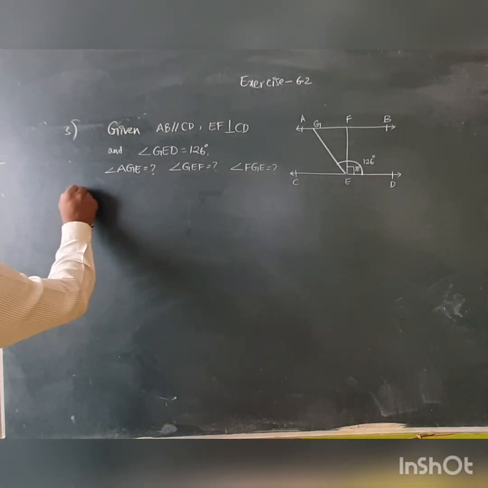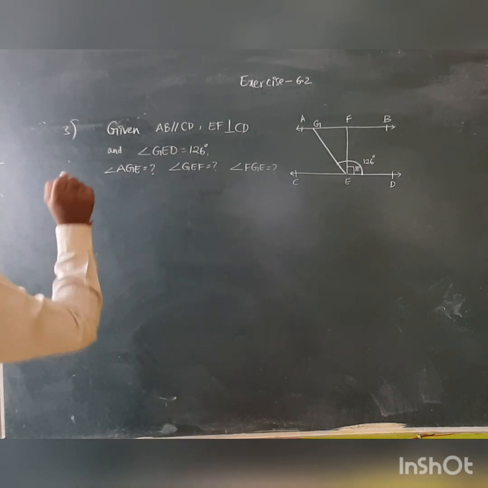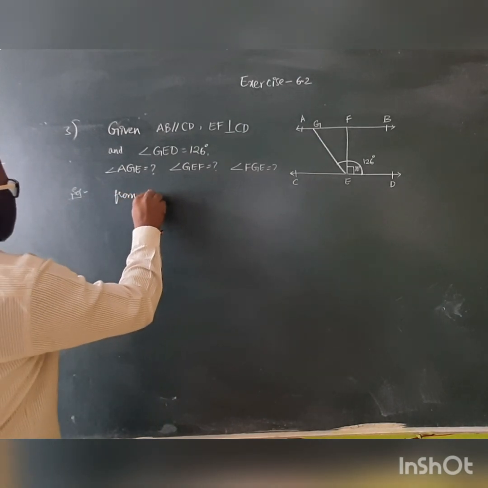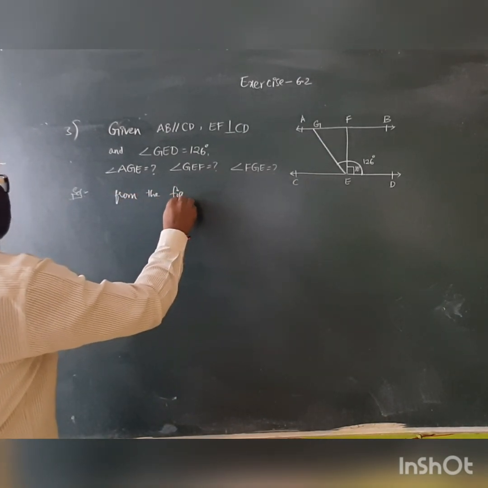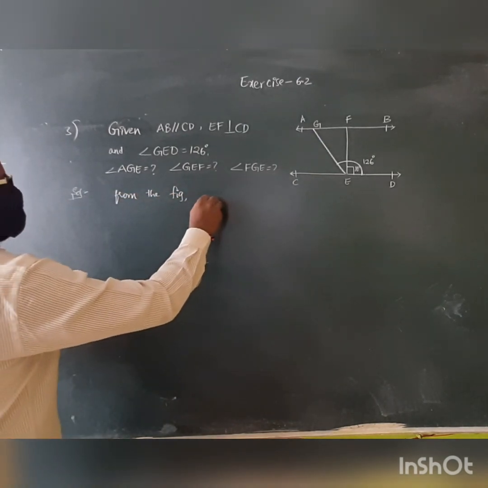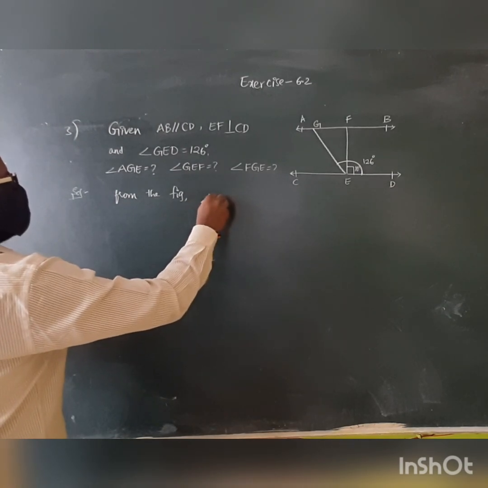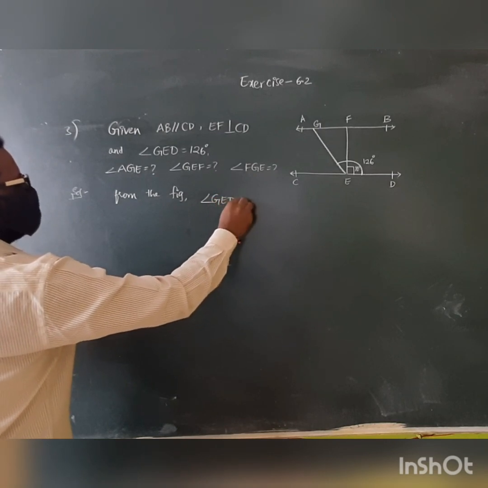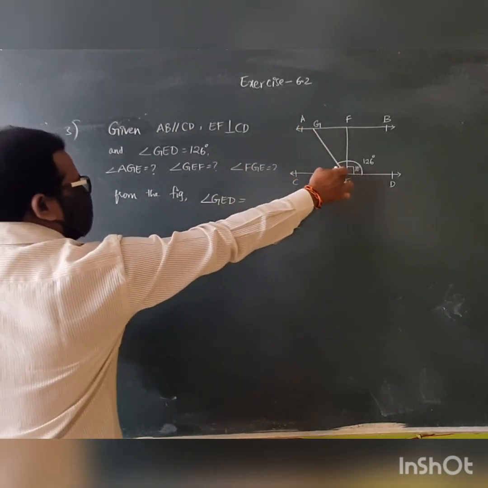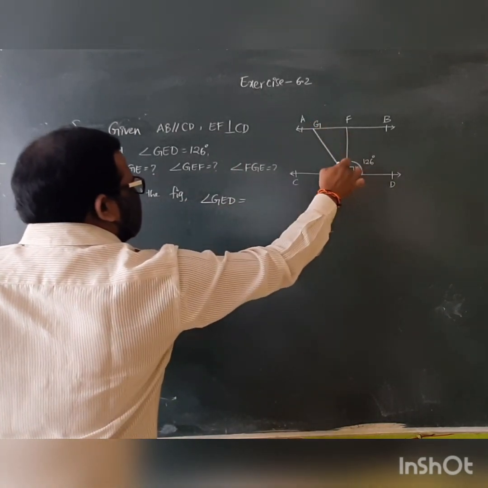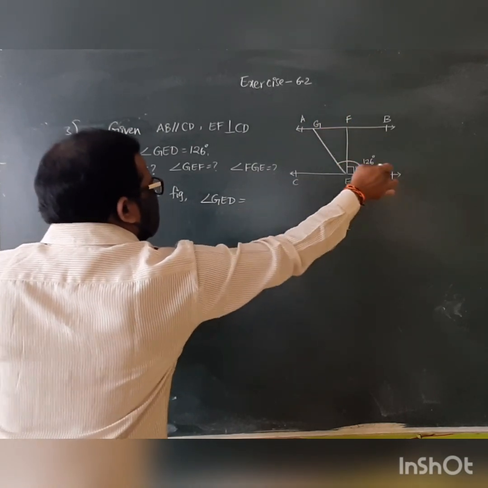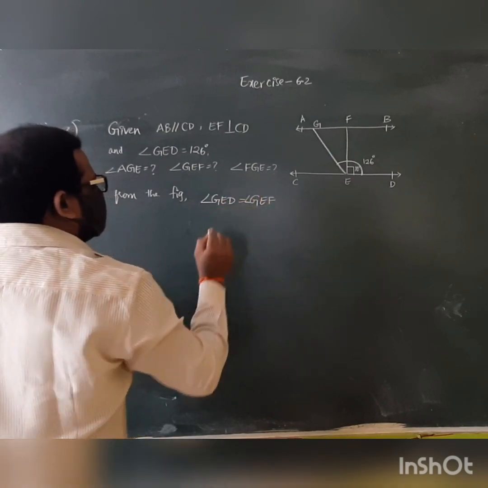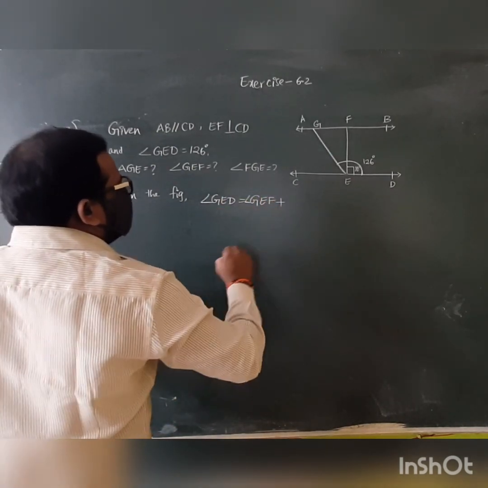From the figure, we can see angle GED equals GEF plus FED. When we add these two angles, GEF and FED, we get angle GED.